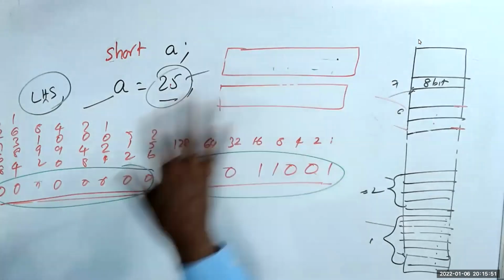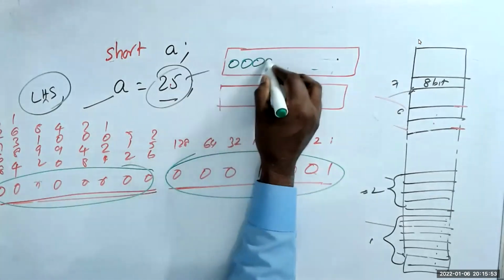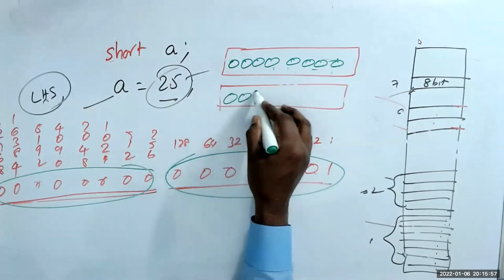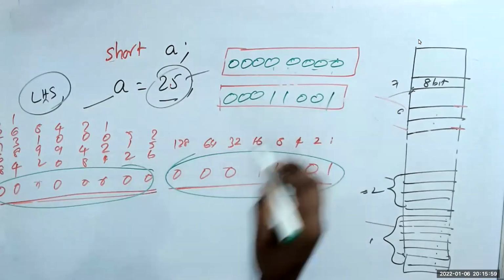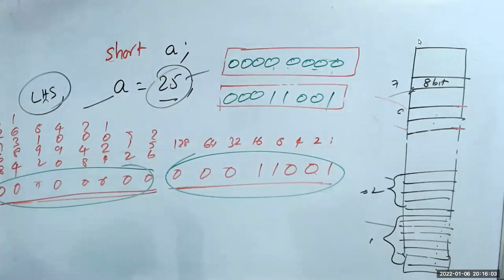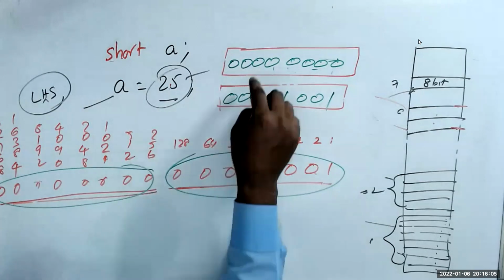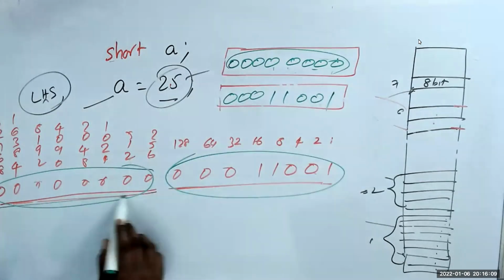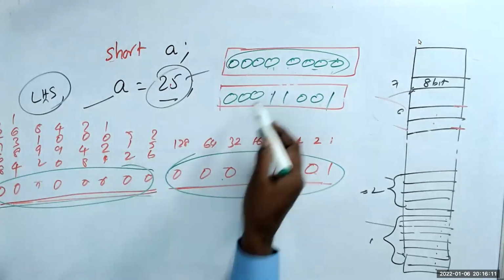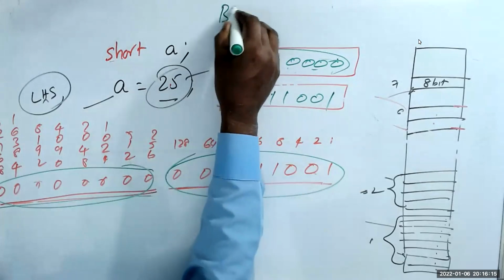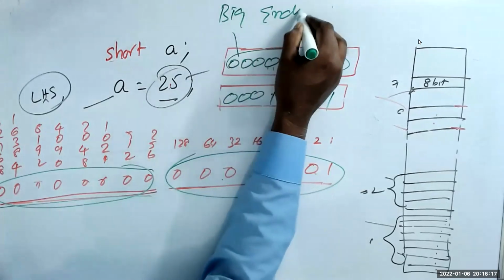I can put all zeros here, and this one is, how do you write this? If you write the top and bottom one here, this way of writing is called big endian.